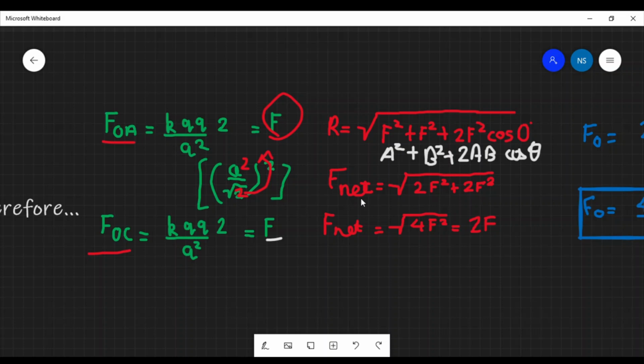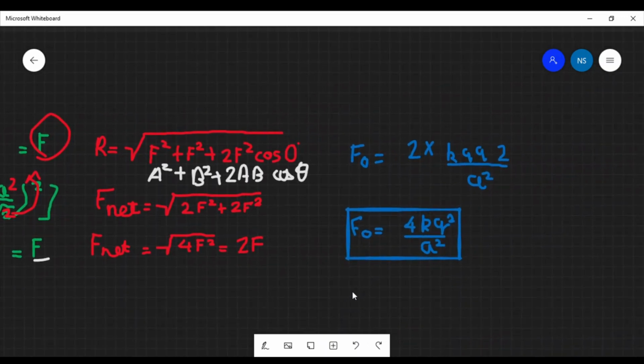So force net is equal to under root of 2F square plus 2F square. So we can add these two and we get 4F square. So force net is equal to under root of 4F square. So now we'll take it out of root. So 4 will become 2 and F square will become F. So we get force net is equal to 2F, but we know the value of F is 2kqq by A square.